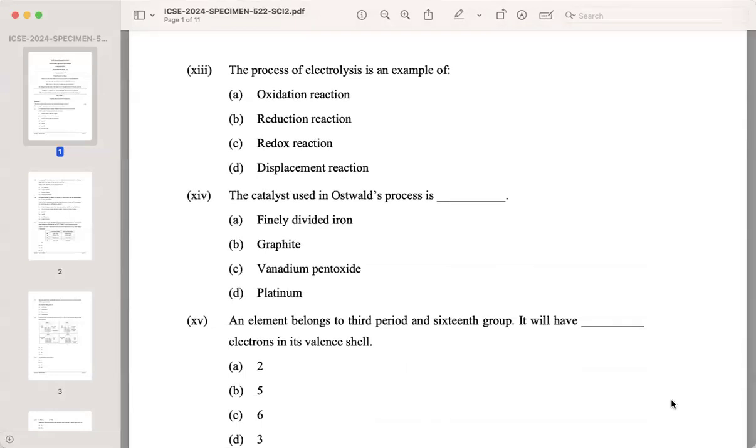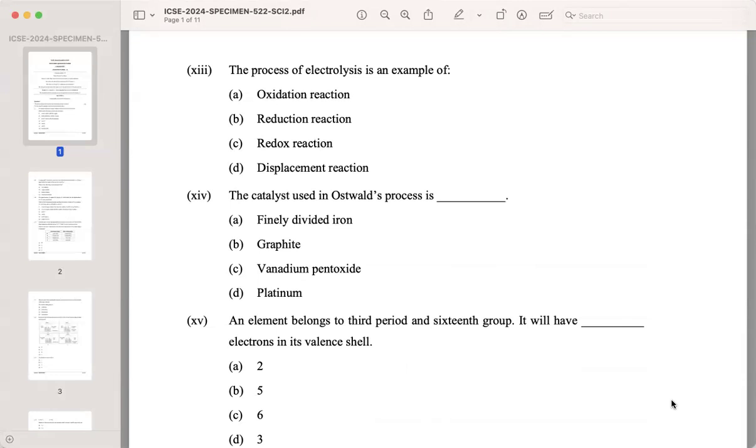So here it will be the redox reaction. Why? Because at the cathode reduction occurs and at the anode oxidation occurs. So when oxidation and reduction occur together, it is always an example of a redox reaction. So part C, that is redox reaction, is the correct answer.